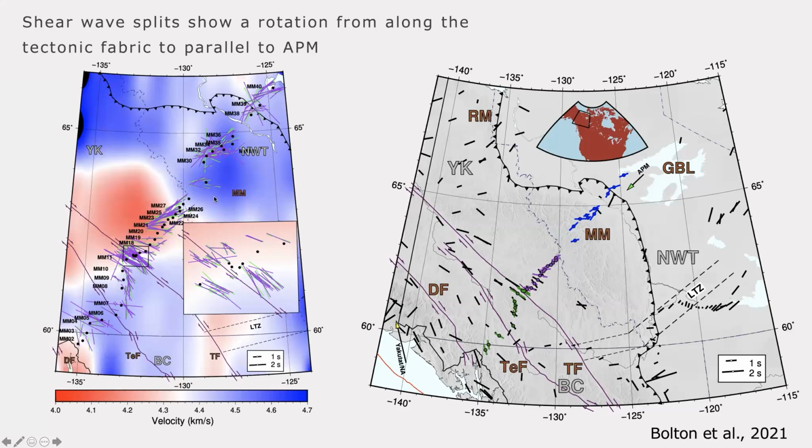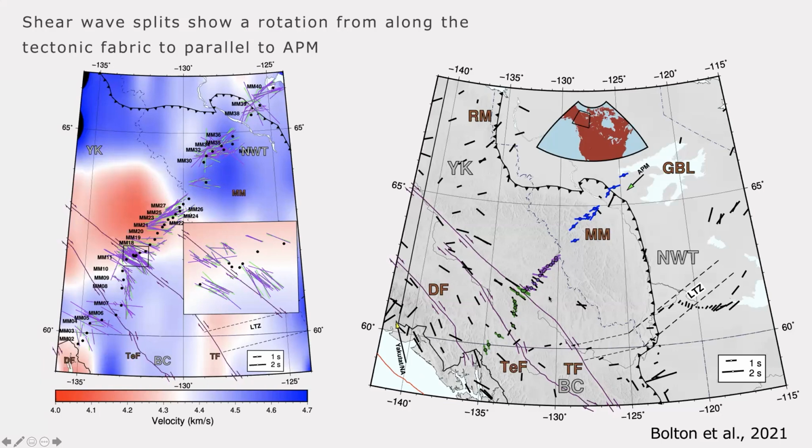This plot here to the left shows the shear wave splits plotted on S-wave velocity at 100 kilometers depth, to see if there's any variation due to the low velocity features we see here. To the right, we've done station averages.